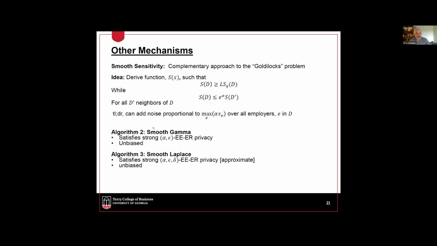On the basis of that, they generate two additional algorithms, one called smooth gamma, which basically adds gamma distributed noise calibrated to this smooth sensitivity, which is unbiased, and a smooth Laplace, which satisfies an approximate privacy guarantee and is also unbiased.